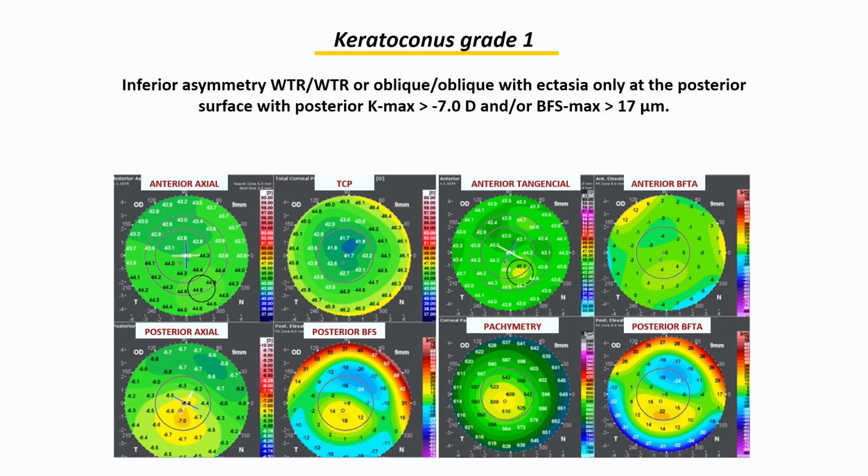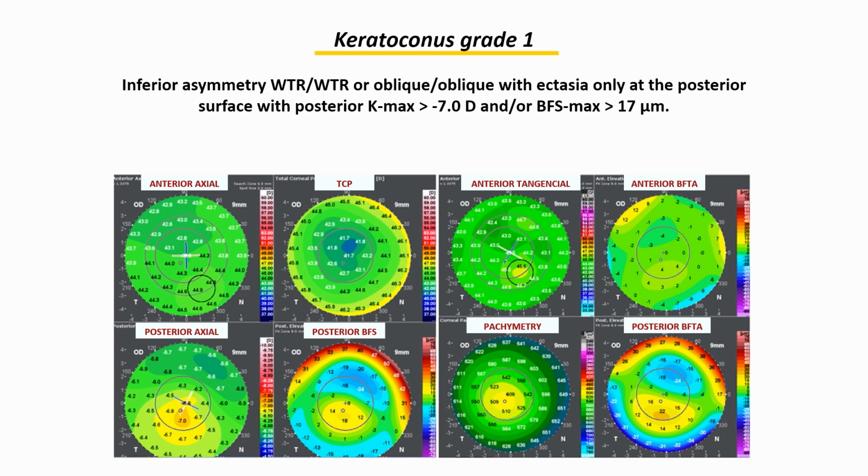With the asymmetric, when you see protrusion and the fried egg pattern in the posterior, you can miss this because you say this is only asymmetry in the anterior surface. You must see the posterior curvature map and the posterior elevation map. You can see the asymmetry we have here.